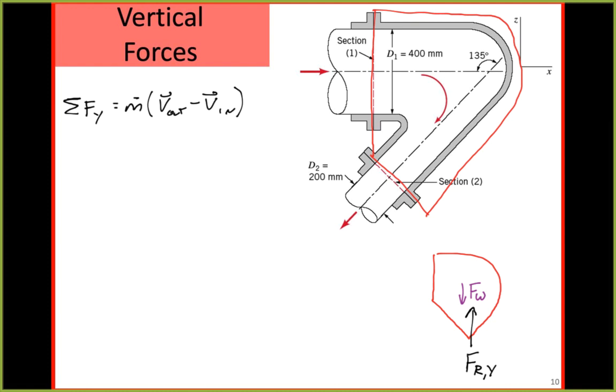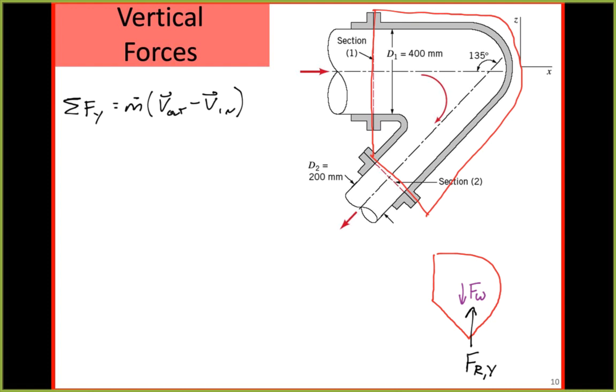And there is potentially two weights at play here. So one, you have a fitting that actually weighs something. You must have made this out of, I don't know, metal or plastic or whatever. It's not magically weightless, right? So we should at least consider that it might have to be held up. And it's full of a fluid, and fluids are heavy. So there is also a weight of fluid in there potentially.